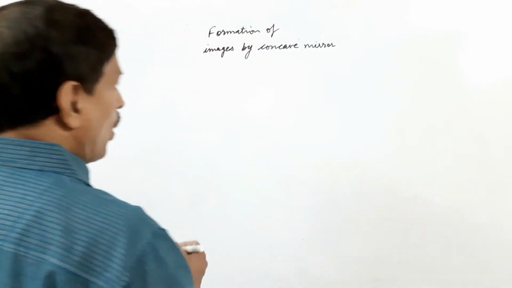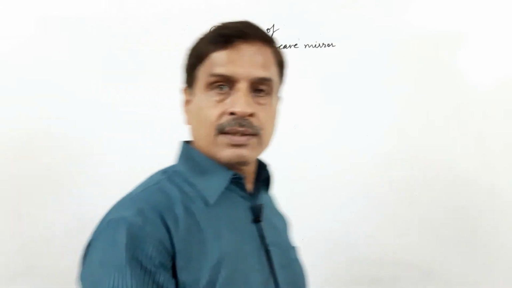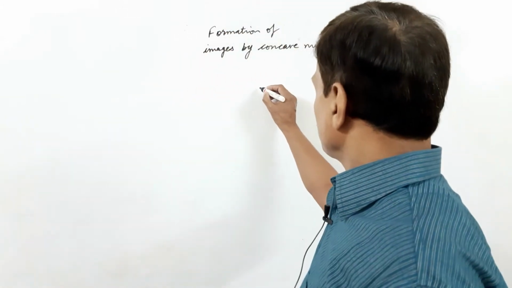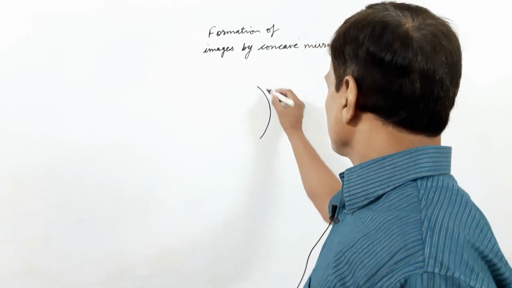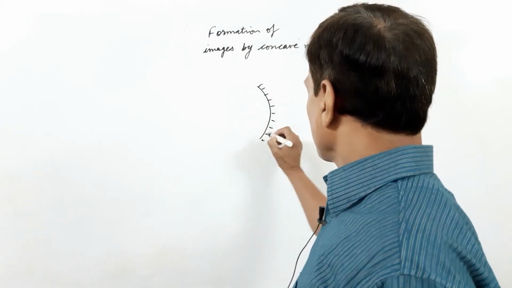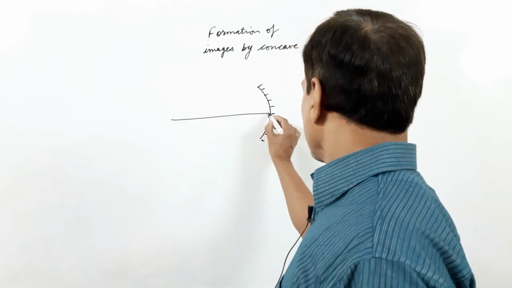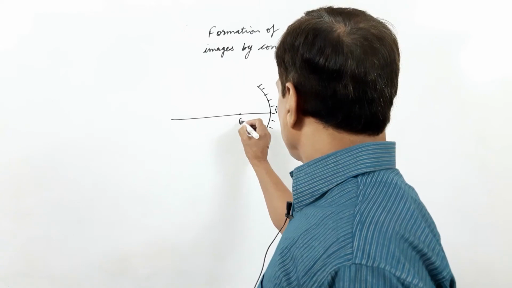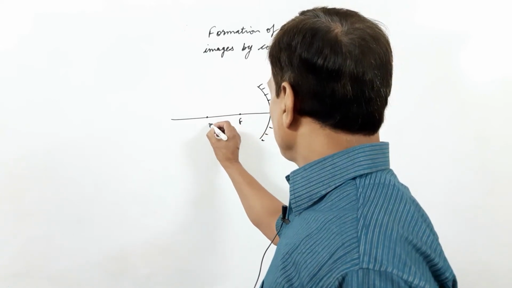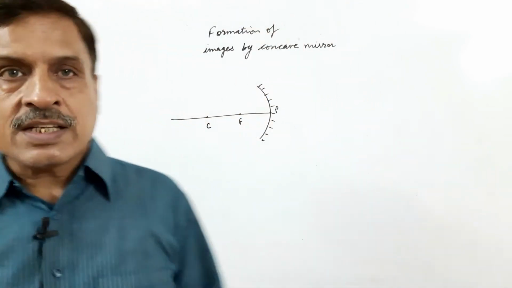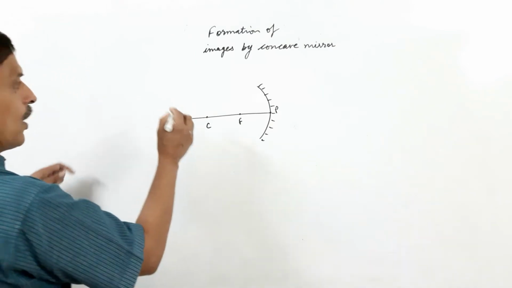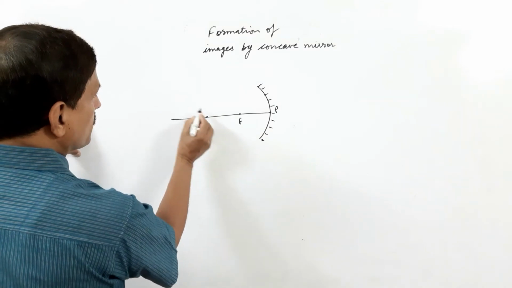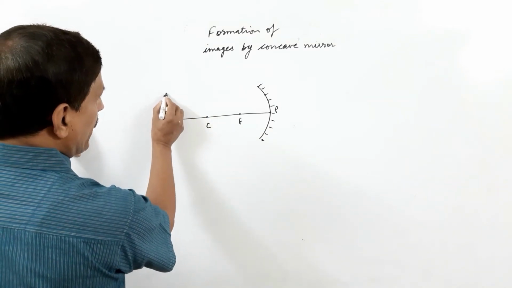When the object is at infinity, the rays which are coming from this distant object are almost parallel.